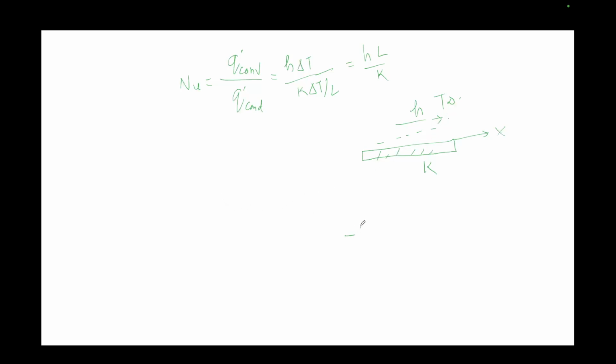I can write this formula from the energy balance equation, del T by del y, taking it in the y direction. This is some certain thickness, and I am taking only the y direction.